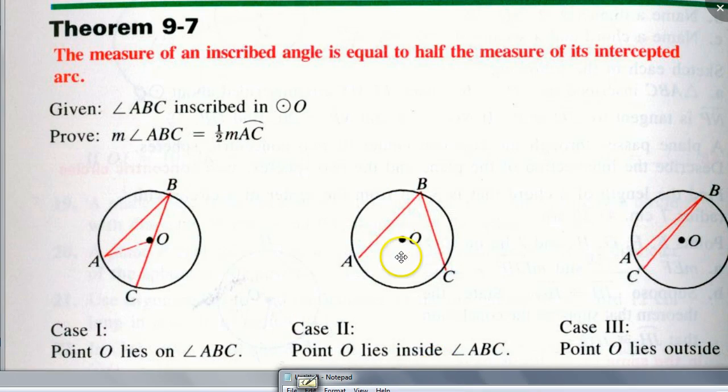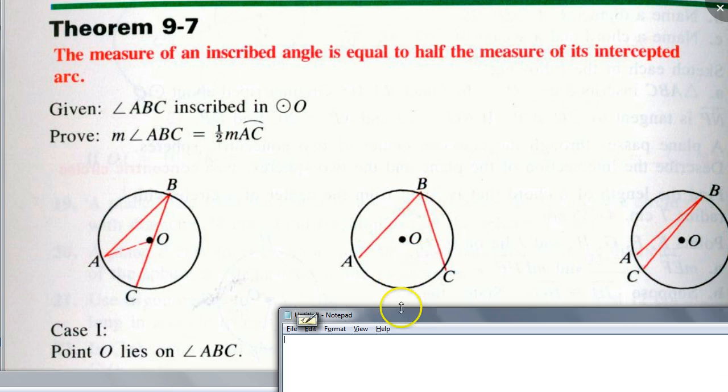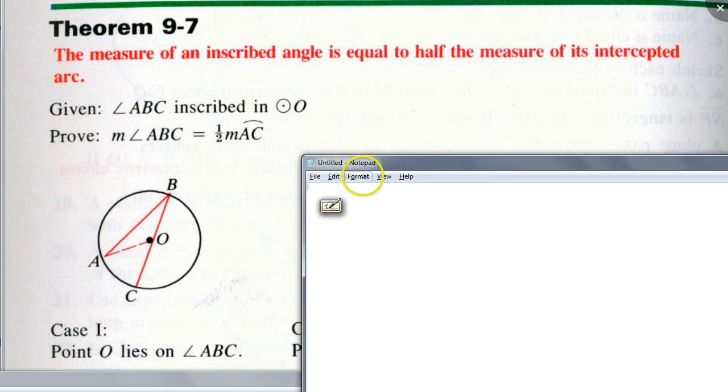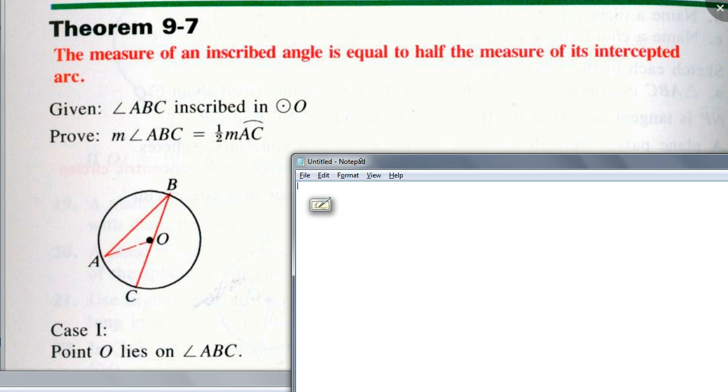It could be inside it or outside of it. But really the important one is case 1. With case 1, when you prove cases 2 and 3, you could actually draw a diameter here to help you prove the rest. But we could talk about that when we have time. Right now, we're just going to talk about case 1 where O lies on angle ABC.